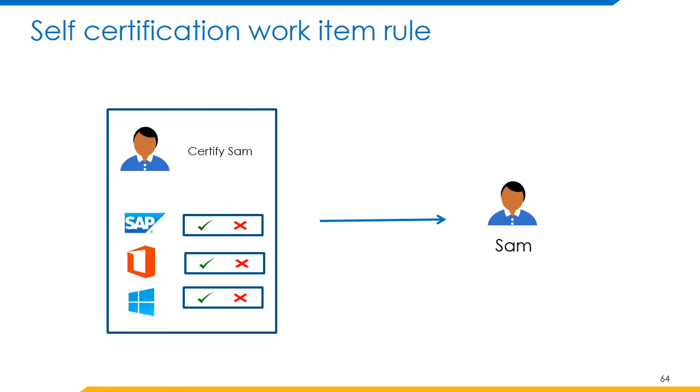The inputs to this rule are the work item under consideration, the creator, who is the identity who has created the certification, the list of certifiers who are certifying, the name of the certification, and the type of the certification. The return value that is expected is the new owner of the certification.